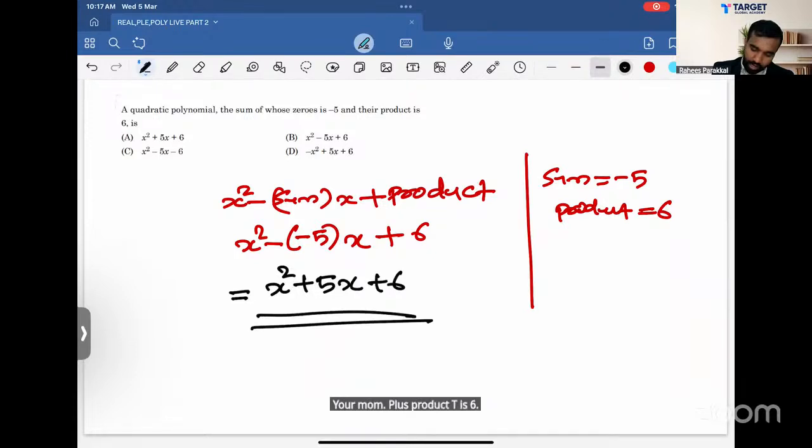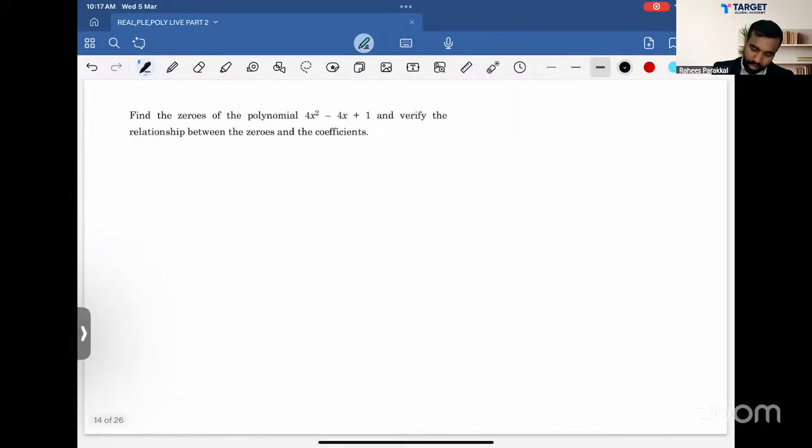So the answer would be x square plus 5x plus 6. Zeros and coefficient.